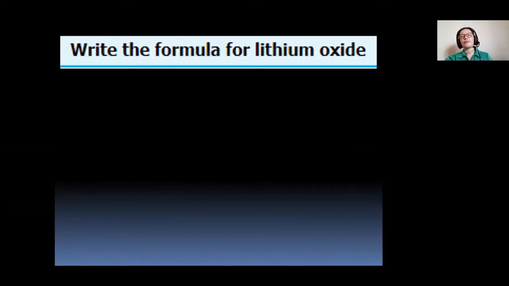Say for example, if you have lithium oxide, you check the symbols. Lithium is Li, positive 1, and oxygen is O, negative 2. If we examine the summation of the charge, it is not equal to 0.